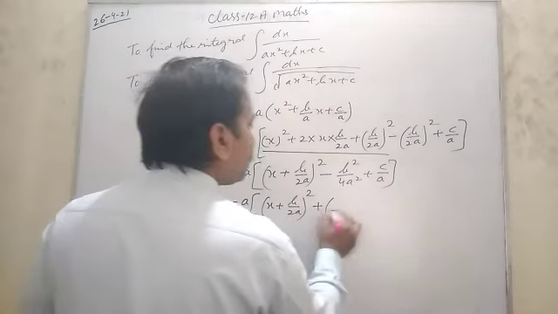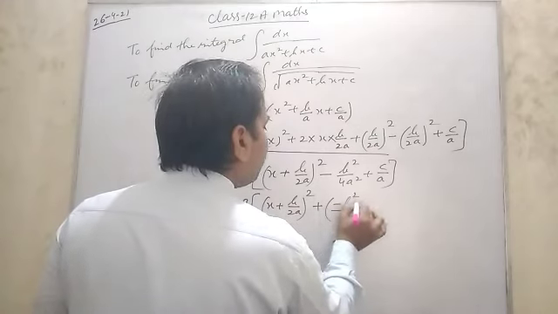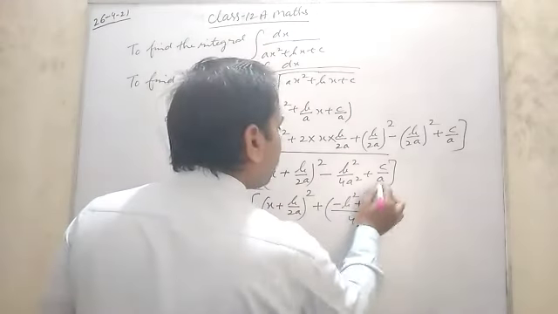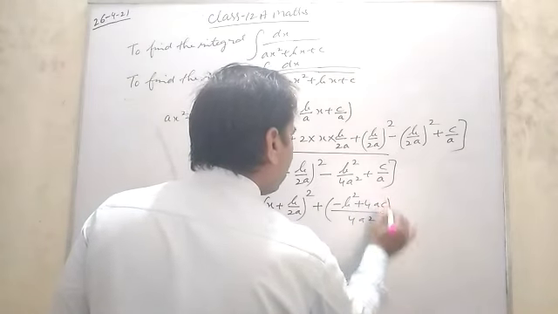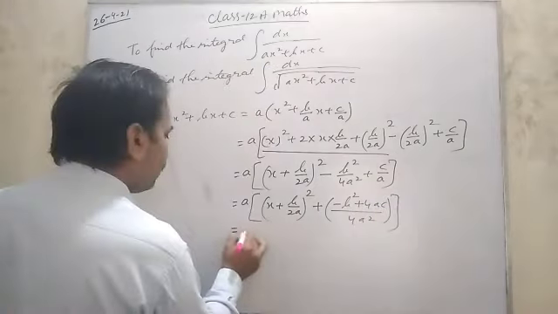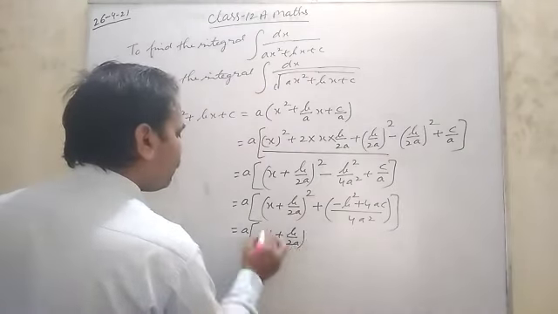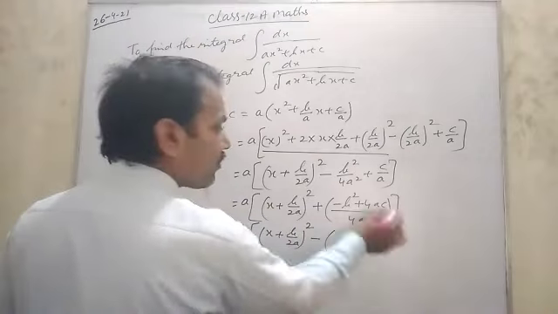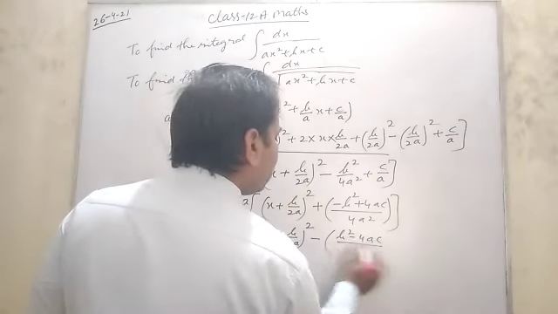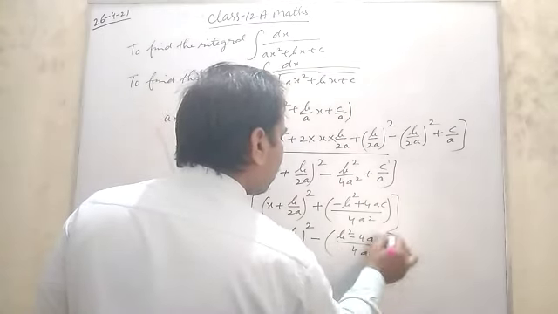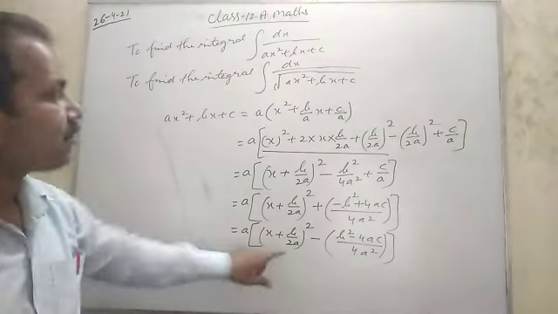Take LCM, so 4a square, so minus b square plus 4ac. So a times x plus b upon 2a whole square, minus, you take common from this, b square minus 4ac upon 4a square. Means now this is converted into this form.